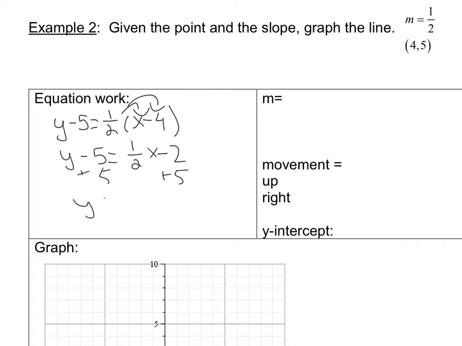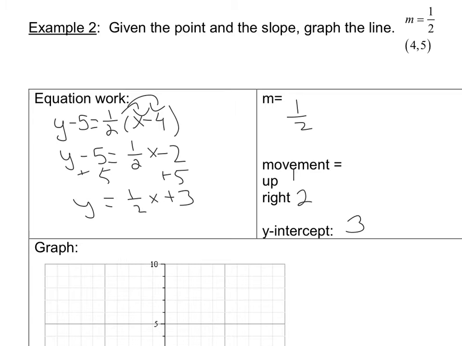So you get y equals 1/2 x plus 3. So the slope is 1/2, goes up 1, right 2. Y-intercept is 3.